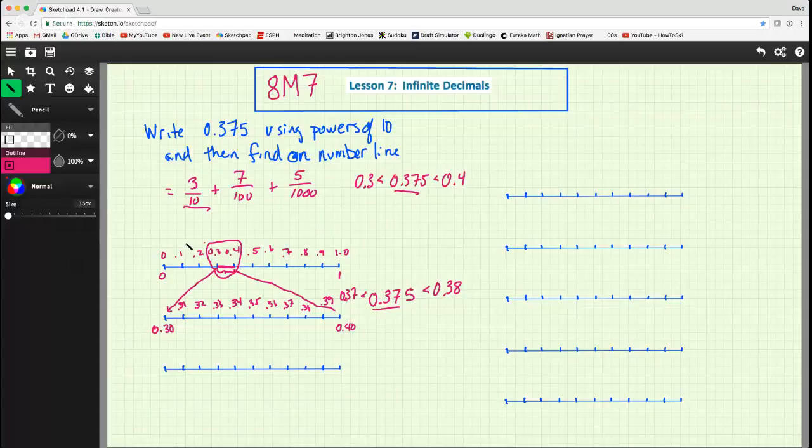And we can use that same trick that we learned on the last page. 0.37, which is 3 over 10 plus 7 over 100, is less than 3 over 10 plus 7 over 100 plus 5 over 1,000, which is this number, which is less than 3 over 10 plus 8 over 100.